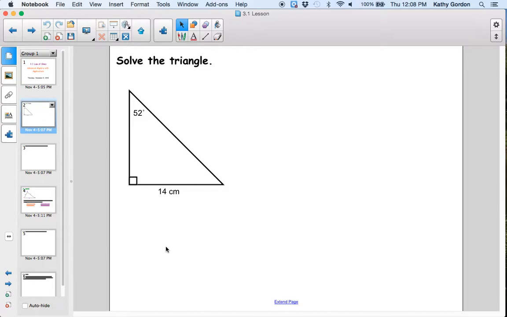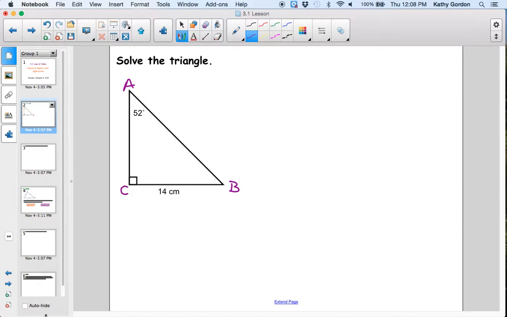Okay? The other thing to realize as we talk about these triangles is that we generally are going to label our angles with capital letters. So if you see capital letters, they're talking about angle measurements.